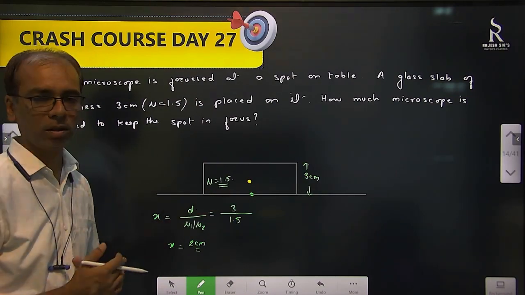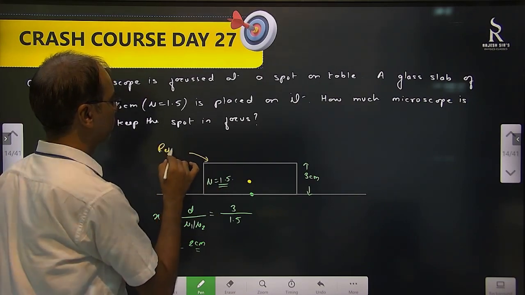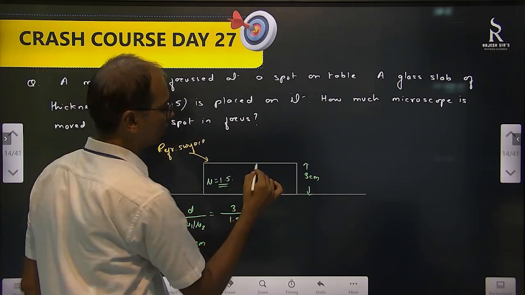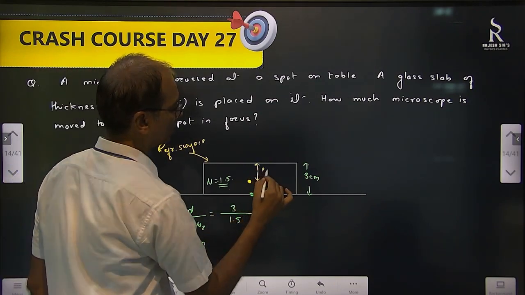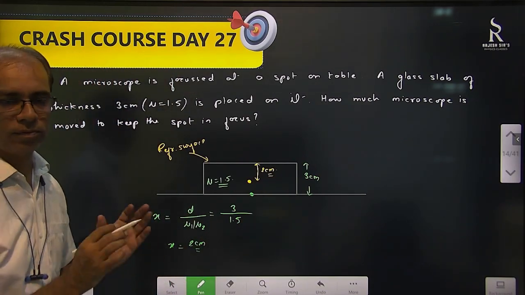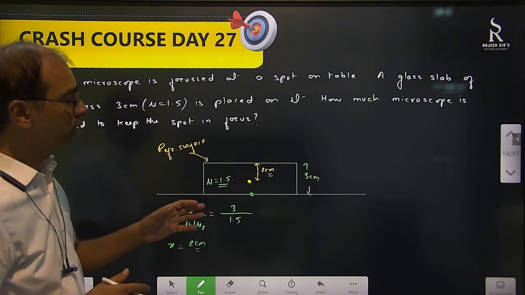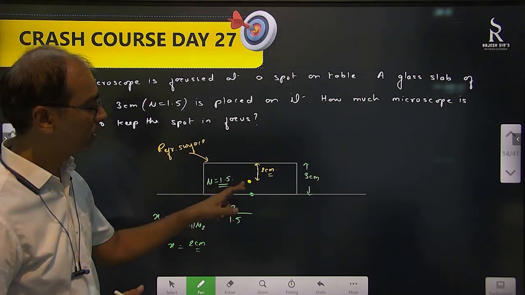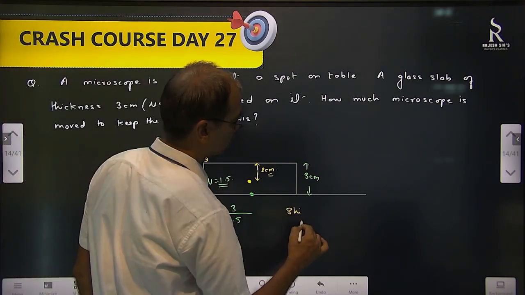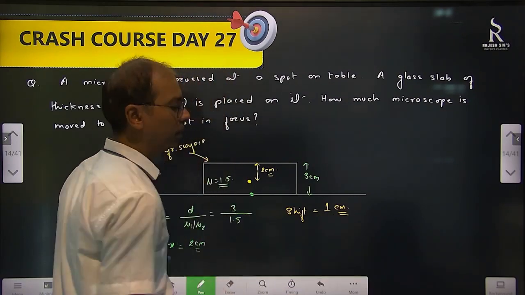Don't take it from here. This is the refracting surface. So from here this is 3, now this is 2. So how much shift will there be in the position of the microscope? The microscope has to focus at this position. So how much has it shifted? 1 centimeter. The microscope has to shift its focus by 1 centimeter.